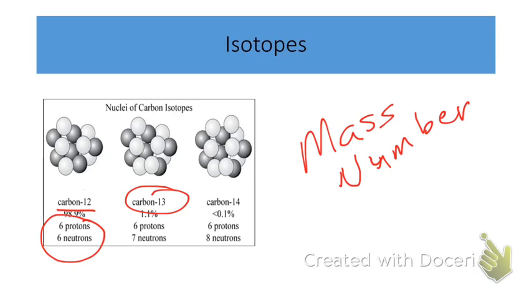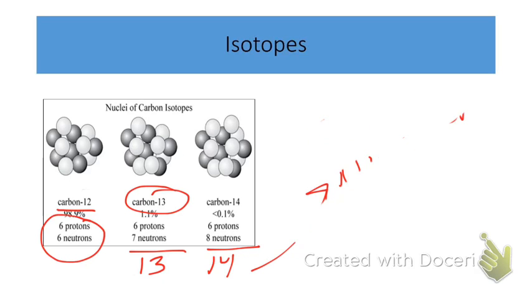Whereas carbon-13 is carbon-13 because it comes from a carbon element, but it is composed of 6 protons and 7 neutrons. When you add that together, you get 13. Carbon-14, 6 protons and 8 neutrons added together, you get 14. So that's our mass numbers. All right? So hopefully that kind of gives you an idea of mass numbers and how we name these isotopes.